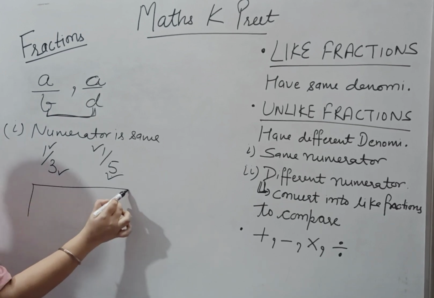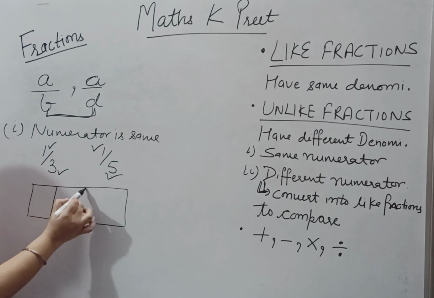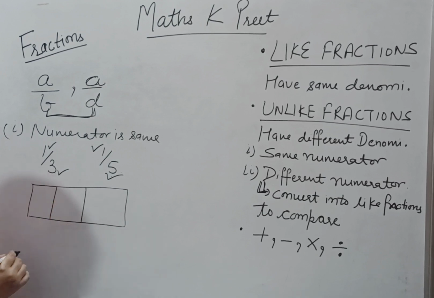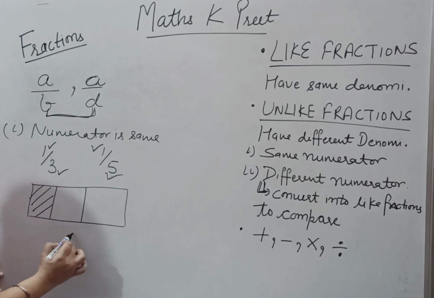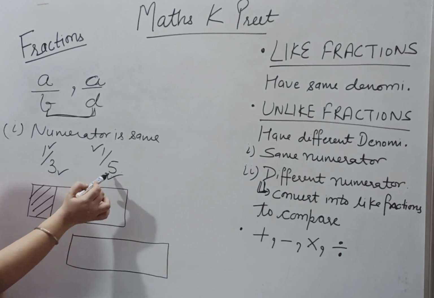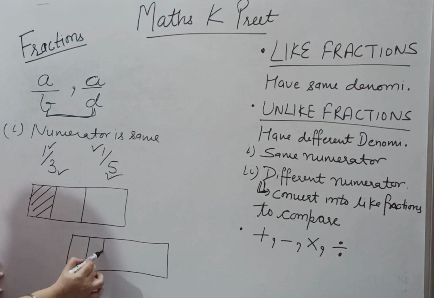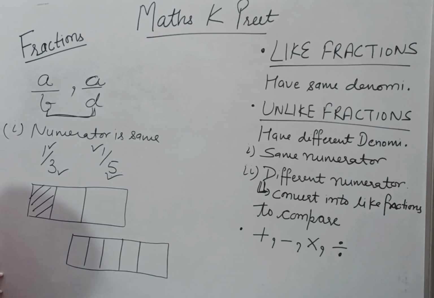Let's take a whole. 3 parts we will make, 1, 2, 3, and I am taking 1 by 3 in the first fraction. Let's take the same whole again and take 5 equal parts. Taking the first part, 1 by 5.